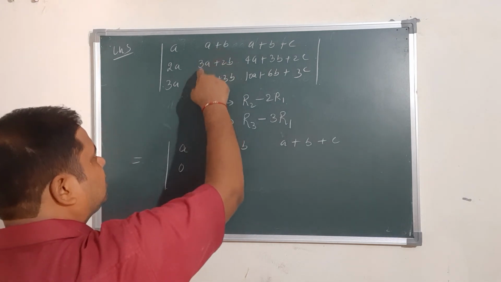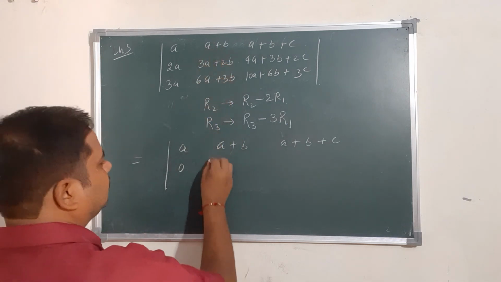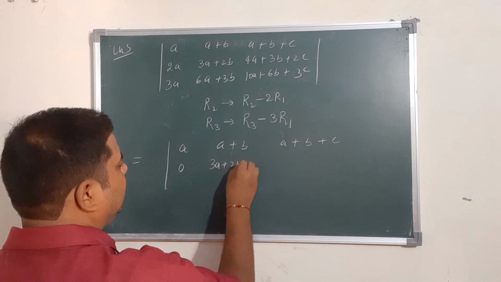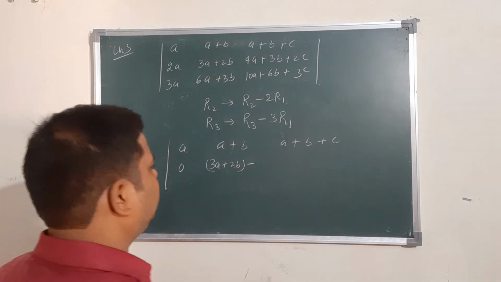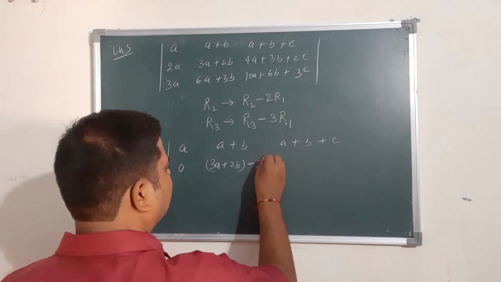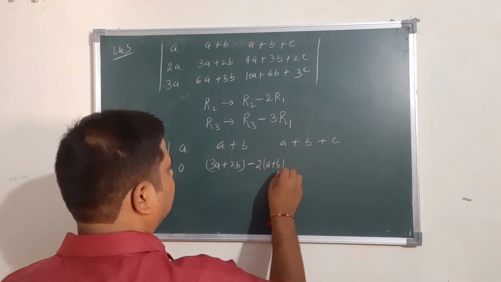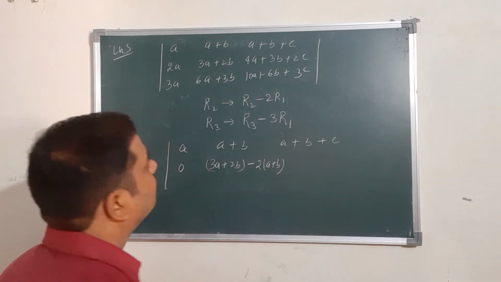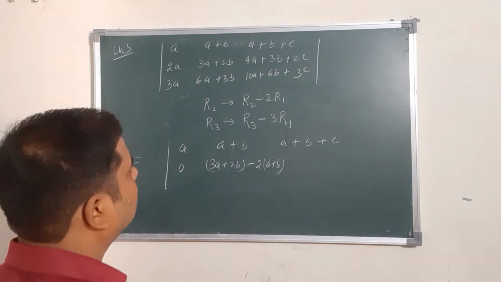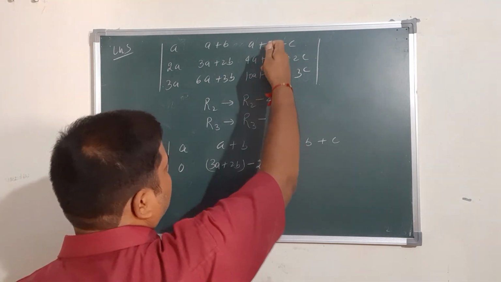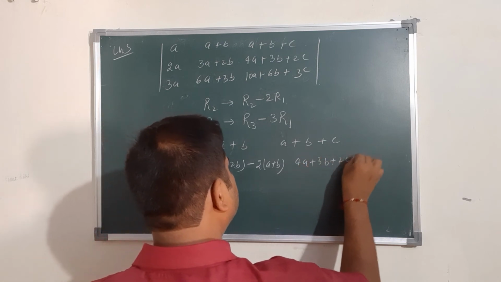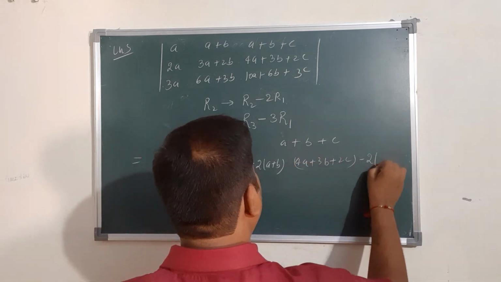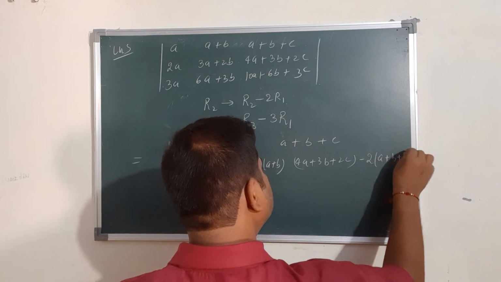Then 3A minus 2A, 3A plus 2B minus 2 times A plus B, and 4A plus 3B plus 2C minus 2 times A plus B plus C.